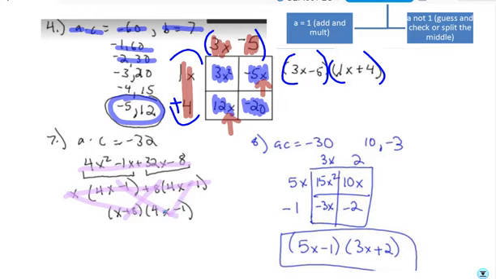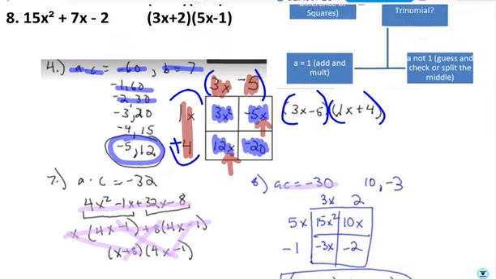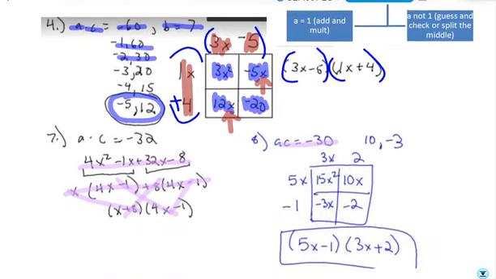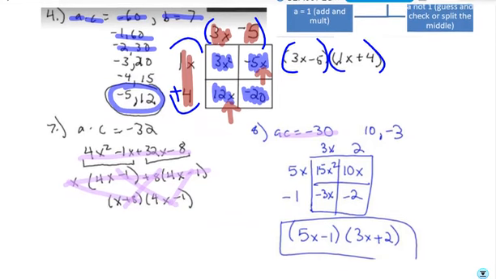And number 8, by box. The first term and last term multiply to -30, those leading and last coefficients. The numbers that multiply to -30 and those same numbers add to, let me see up here again, add to -2, is that right?